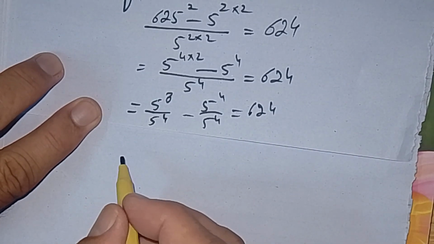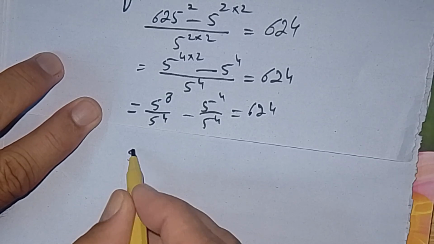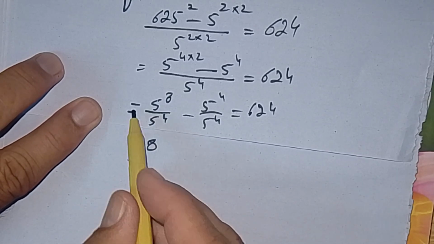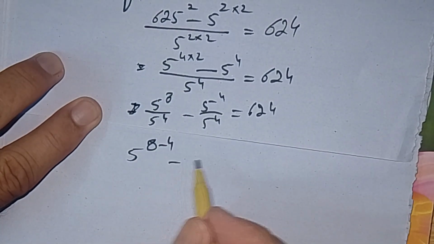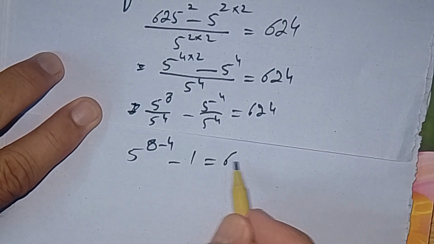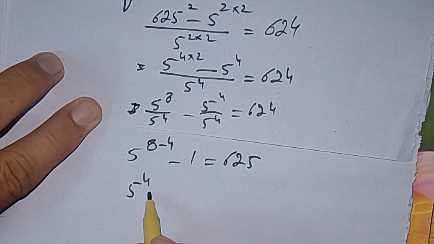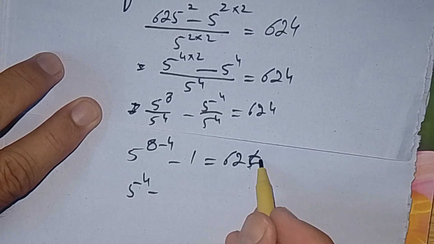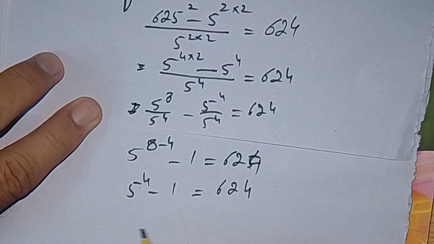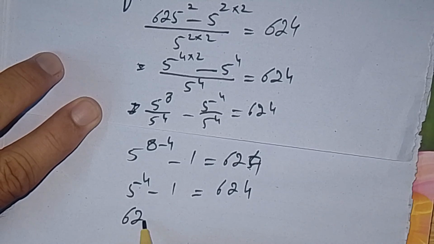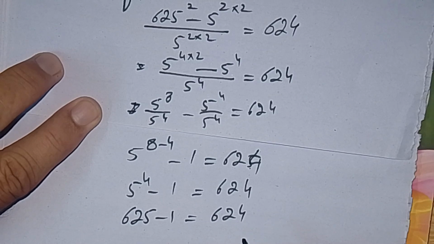Now 5 raised to the power 8 minus 4 is 5 raised to the power 4, minus 1, which is 625 minus 1 is equal to 624.